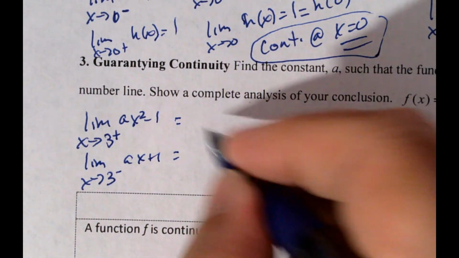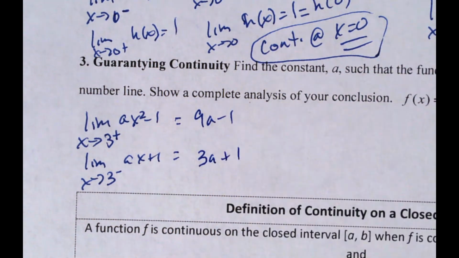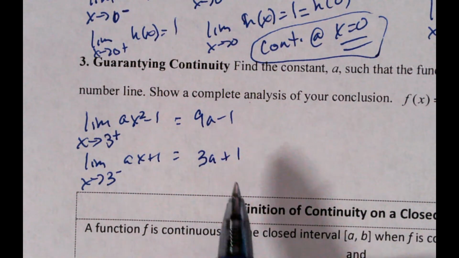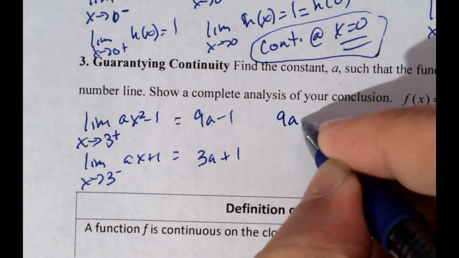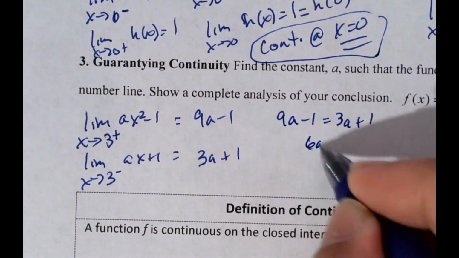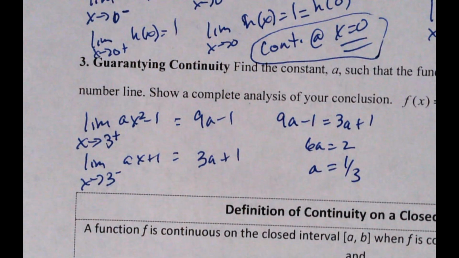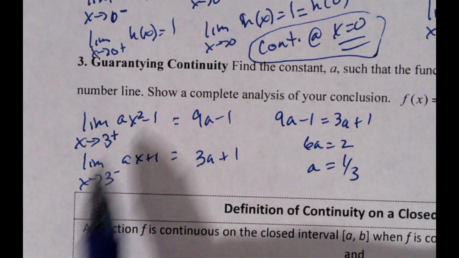So that's going to be 9a minus 1, and this is 3a plus 1. Now, for this to be continuous, these limits have to be the same. So you just set them equal to each other. 9a minus 1 equals 3a plus 1. So that's 6a equals 2, a equals 1/3. So we found the value of a where those two will be the same.